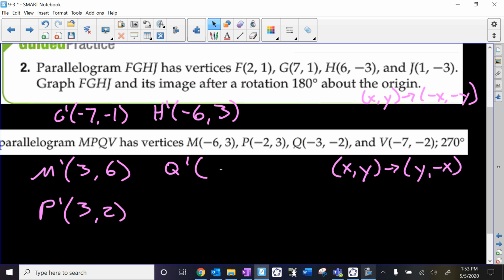Q prime is going to be at (y, -x), which is (-2, 3). And V prime is going to be at (-2, 7).